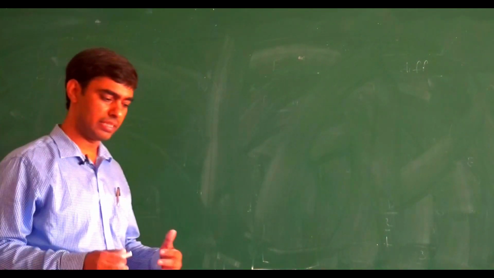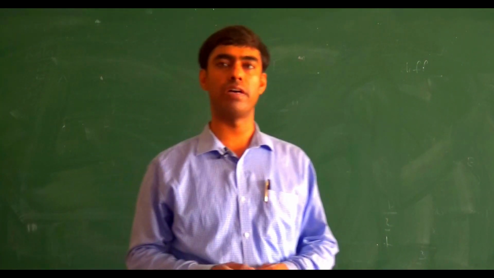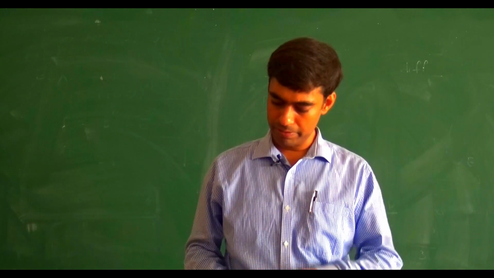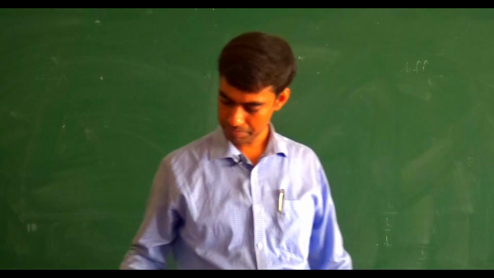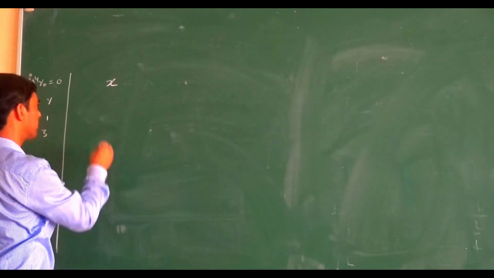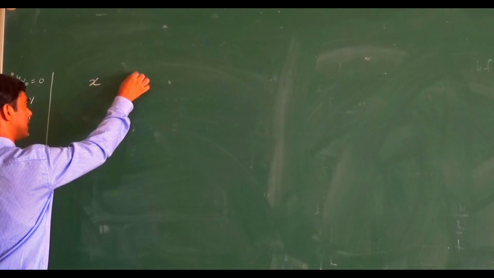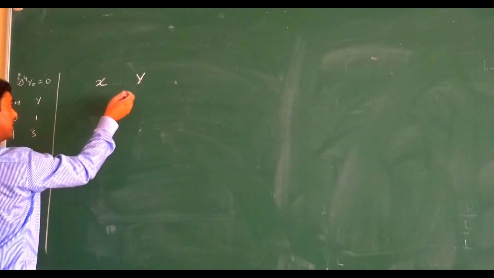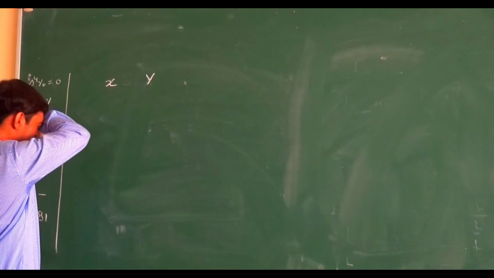If we try to write these difference operators in tabular form, suppose this column is the ordinate, these are the values of the ordinate, and this one is the entry.